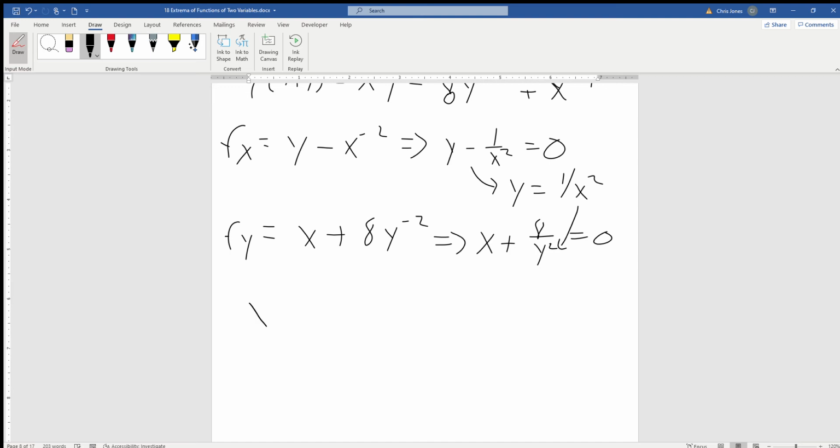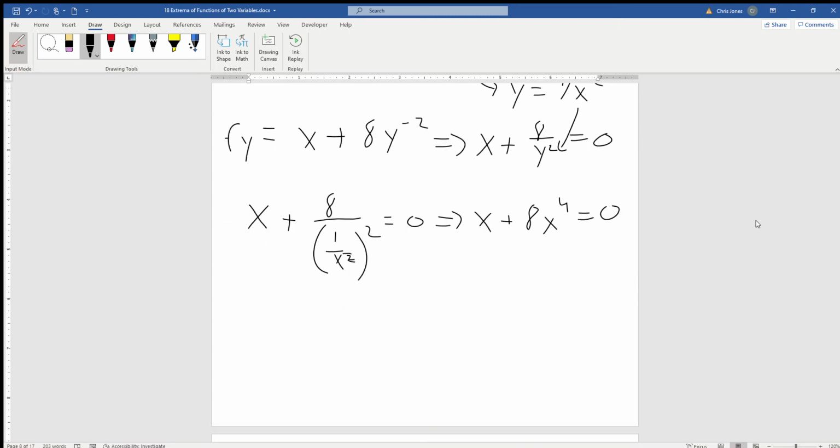So by substitution we get x plus 8 over 1 over x squared equals 0. A little bit of algebra later, x plus 8x to the 4th equals 0. All right? And even though you might not like that polynomial equation, number 1, it's a polynomial. Number 2, it's very nice and factorable.